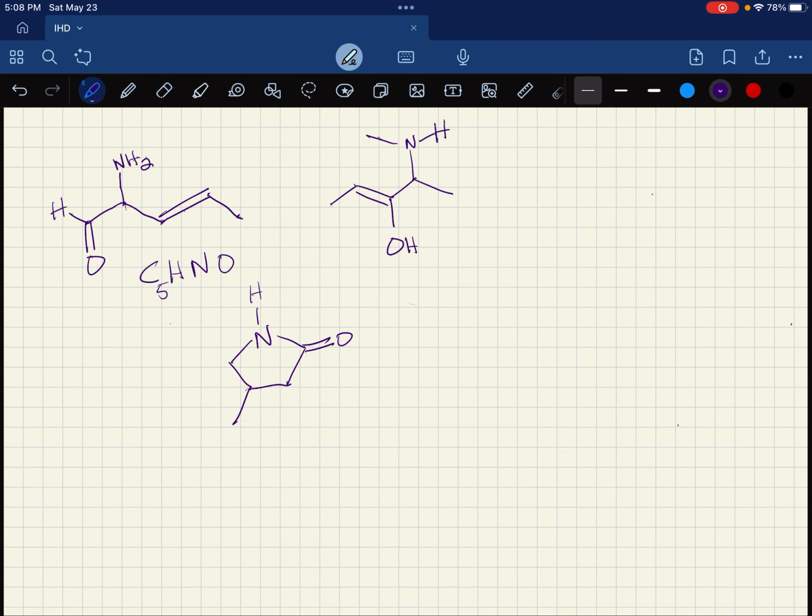Okay. Here I have, again, the same elements, but let's check the number of carbon atoms. 1, 2, 3, 4, 5. I have 6. Okay. So this structure, I'll call this one A, this one B, this one C. So since A and B have a different number of carbon atoms, these are not constitutional isomers.